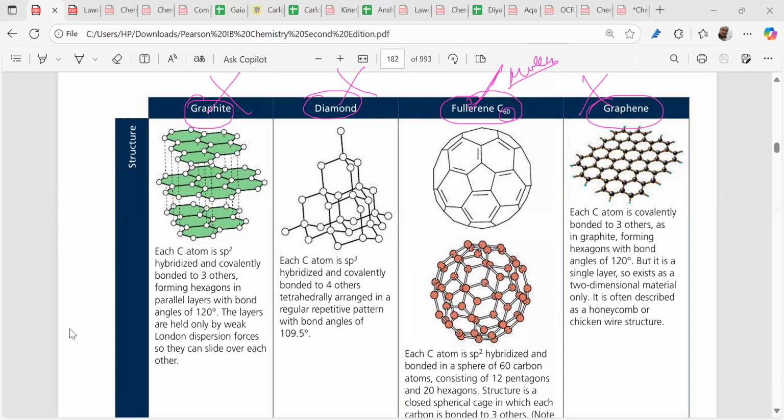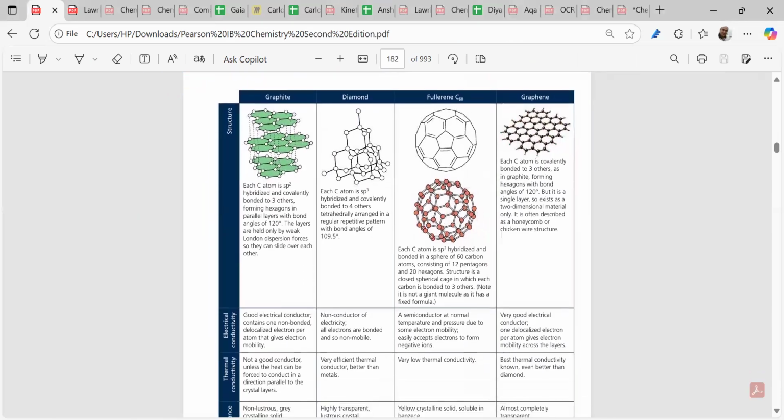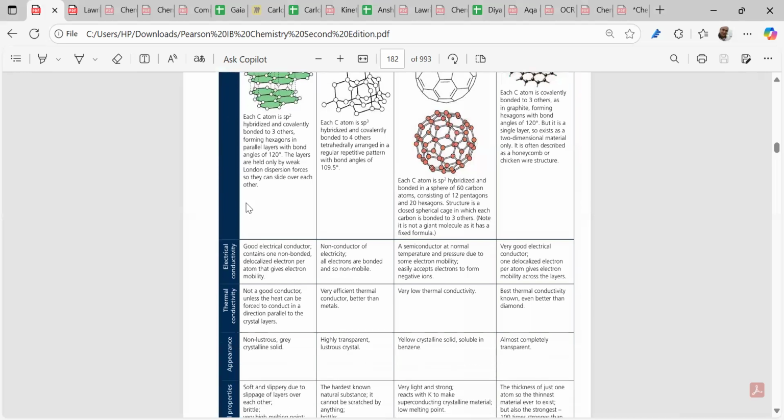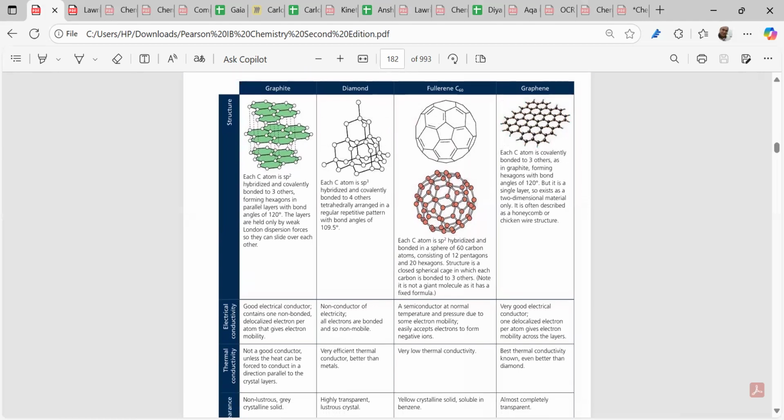This is a very important portion we have to master. So this was all about the gigantic covalent structures and the allotropes of carbon. Fullerene is not a gigantic covalent structure, it's a molecule, but these others are gigantic covalent structures.